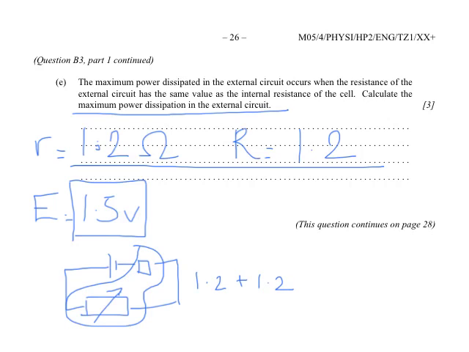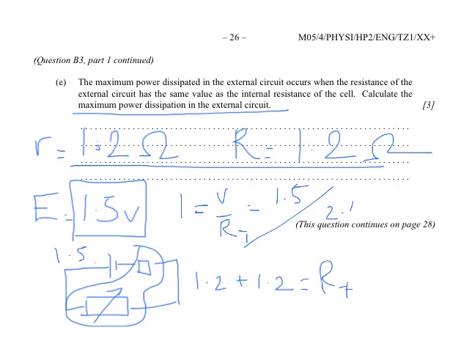How do we know that? Because the internal resistance r equals the external resistance, put an ohm there. So we know the total resistance, R total, and we know the EMF supplied, which is 1.5, so that would give us the current. I equals V over R total, which is equal to 1.5 over 2.4, which gives us 0.63 amps.